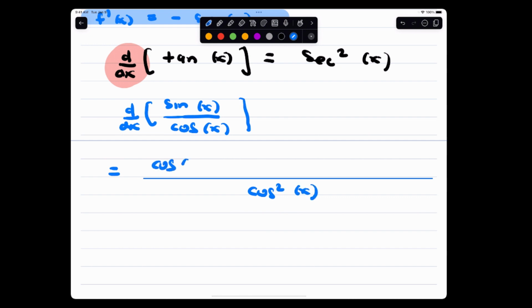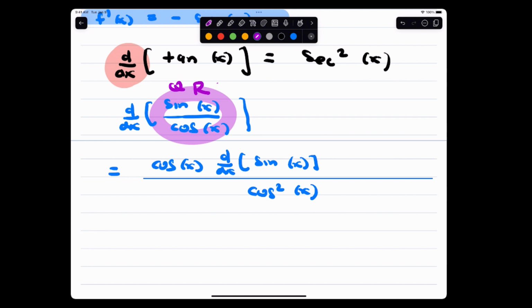You bring up your cosine and you differentiate sine. In other words, what rule am I using here? Quotient rule? Yes. Aren't we using quotient rule? Didn't we learn quotient rule yesterday? Yeah. All right.